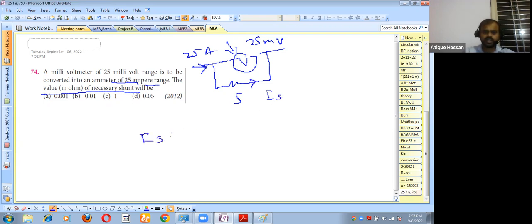Since the resistance of the voltmeter is not given, we can write IS into S equal to this voltage, 25 into 10 to the power minus 3.